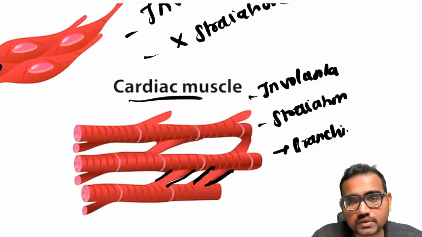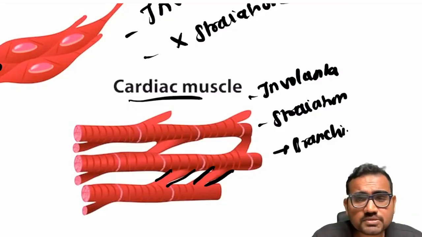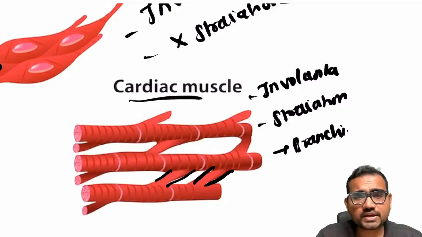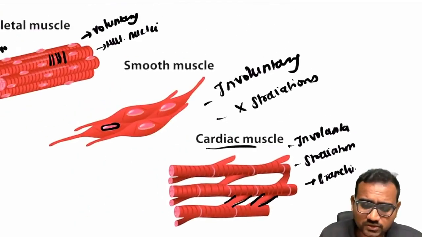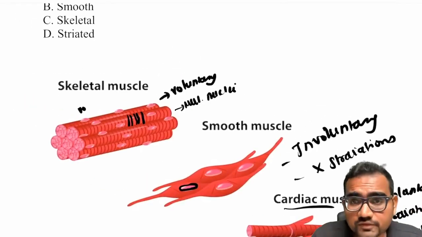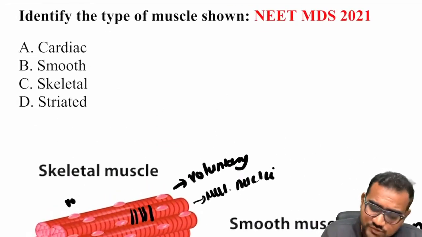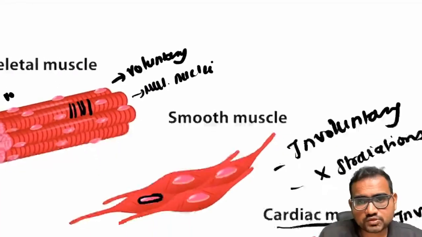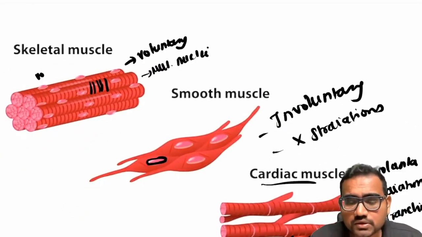Cardiac muscle function is pumping the blood. It is fatigue resistant. These muscles will never undergo fatigue, whereas skeletal muscle is extremely fatigue sensitive. It will easily become fatigued. Okay, so in this situation they asked about a smooth muscle. So smooth muscle is a single non-striated involuntary muscle with a central large nucleus present.